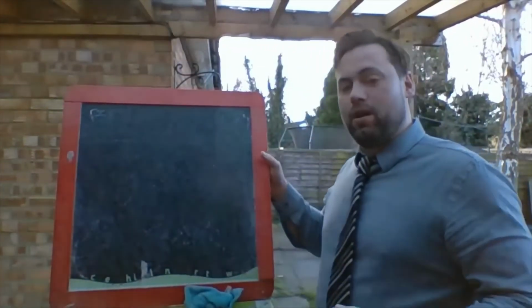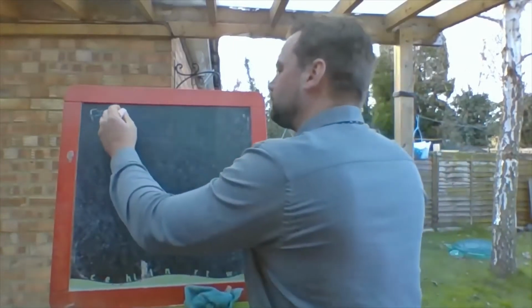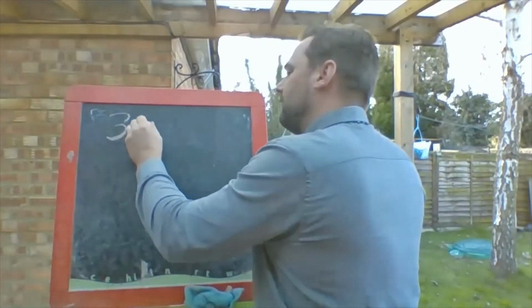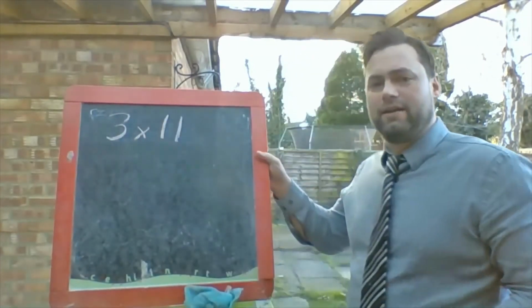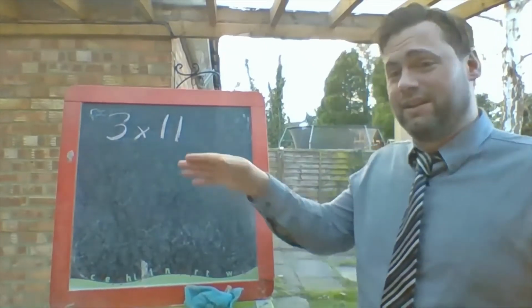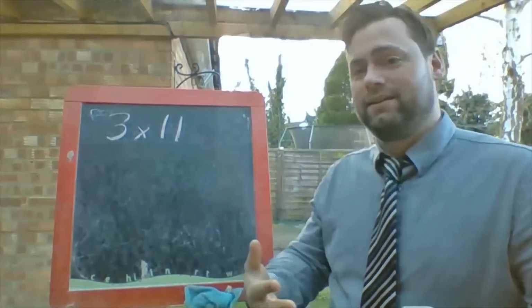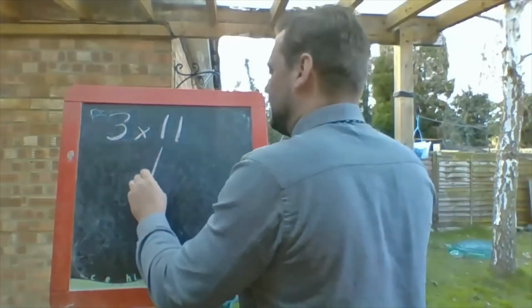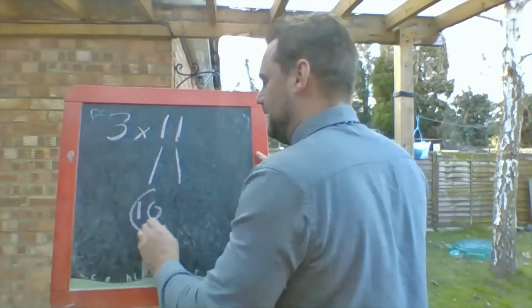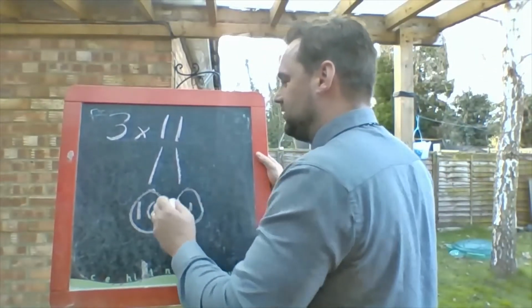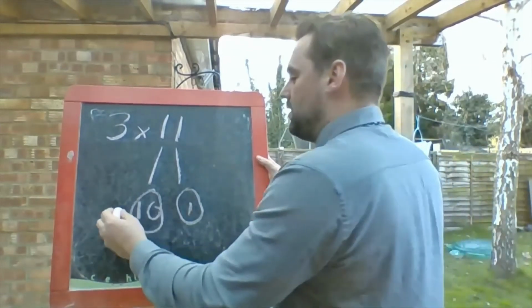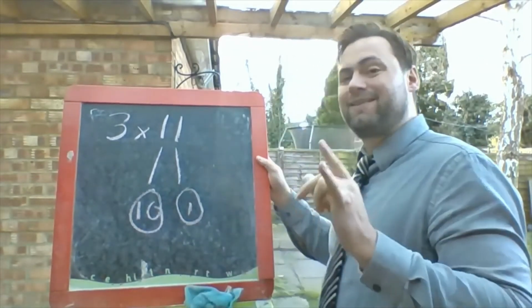One of the questions that I asked was when we multiply a number by 11. So if we did 3 times 11, what we were doing was partitioning the 11 into 10 and 1. Then we multiply these two numbers by 3.